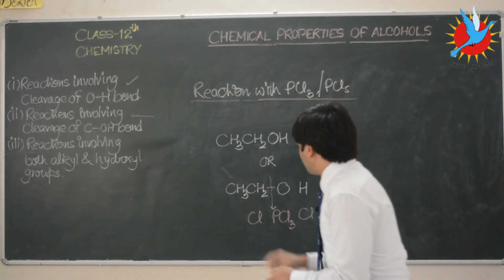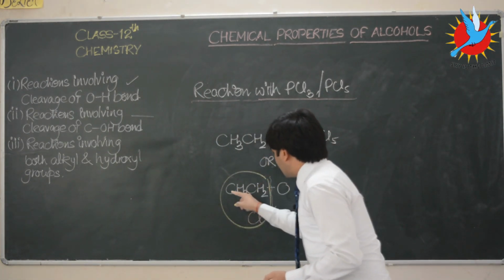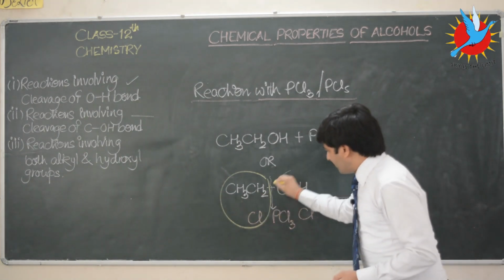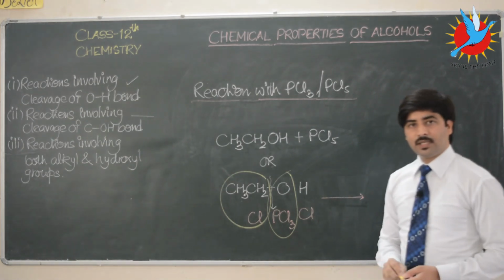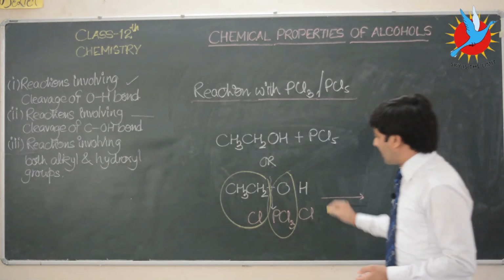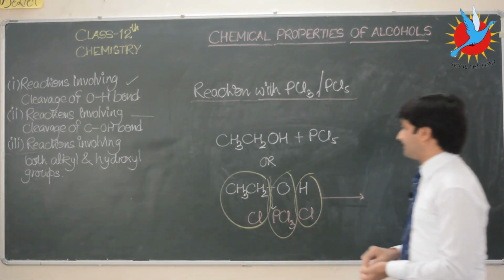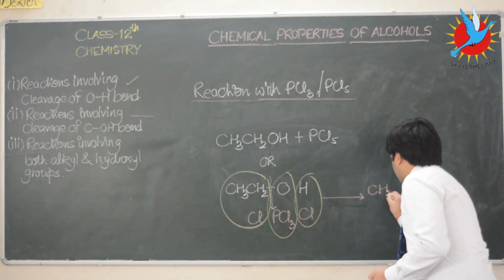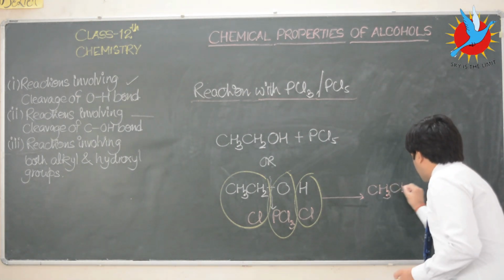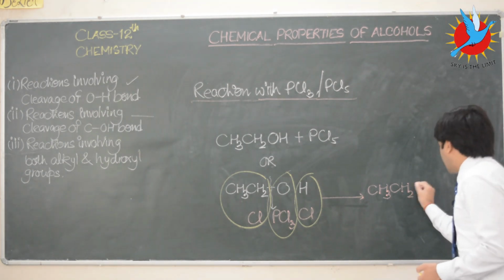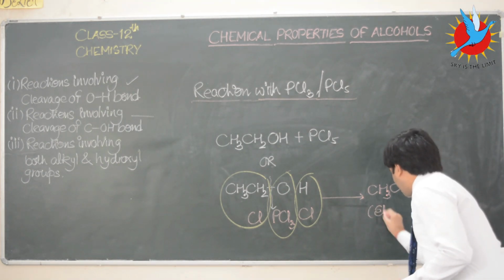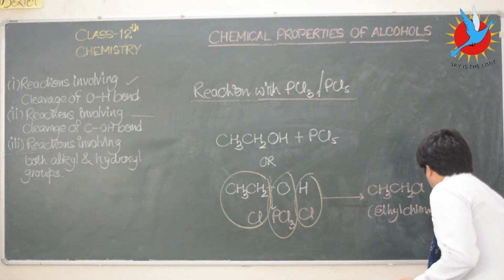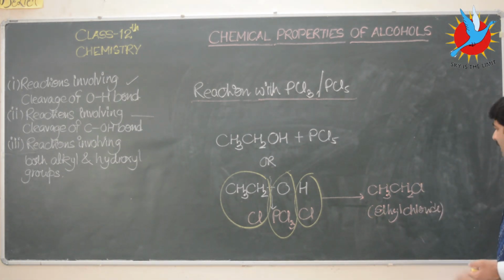The product will be CH3CH2Cl, an alkyl halide, POCl3, phosphorus oxychloride, and HCl. So again the ethyl alcohol turns into ethyl chloride.